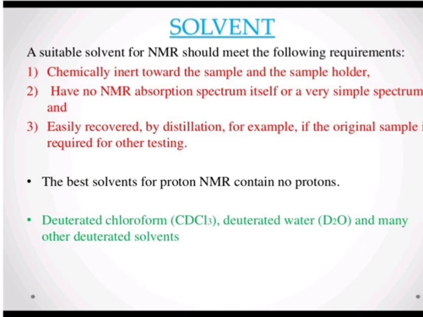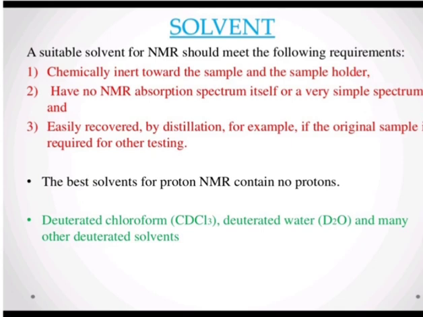Means the solvent does not show an absorption spectrum, or if it shows one it will be very simple. And the third point is that the sample is easily recovered by distillation. For example, if the original sample is required for other testing, there is no loss of sample.